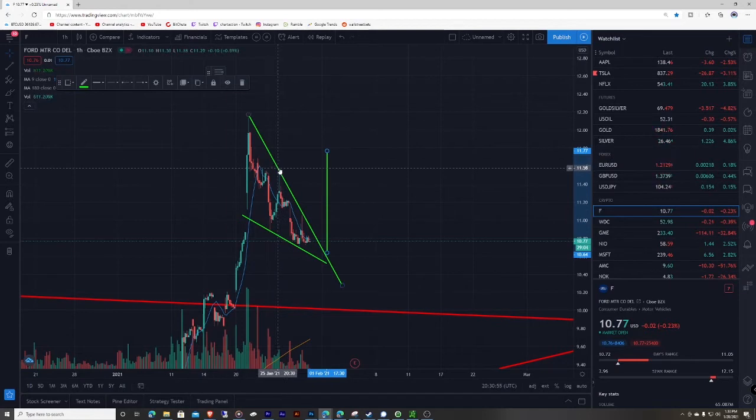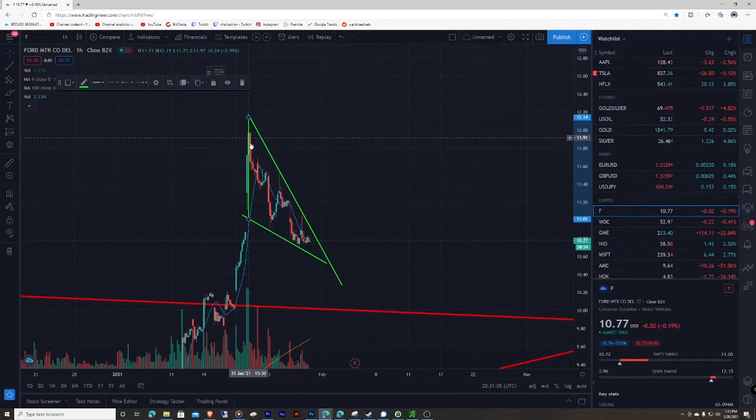Sometimes, like a falling wedge, a triangle target is more conservative than trying to get to the full top of the wedge, which I think is the target.